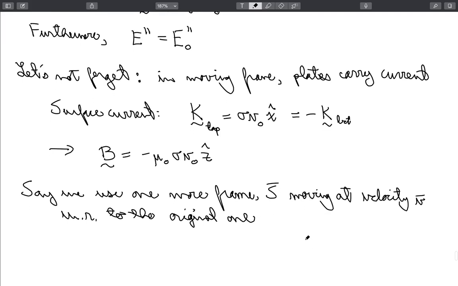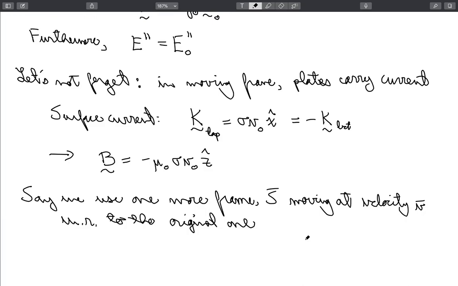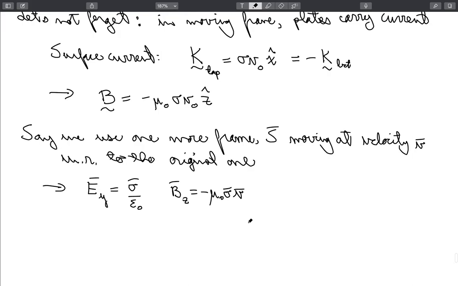Well, it's the same thing, so we can just use the same equations and see what we get. In that particular frame, there would be a y electric field given by sigma bar over epsilon 0. There would be a B_z equal to minus mu 0 sigma bar v bar. Okay, the same formulas as we've just seen, except that now, of course, we would have a different thing.